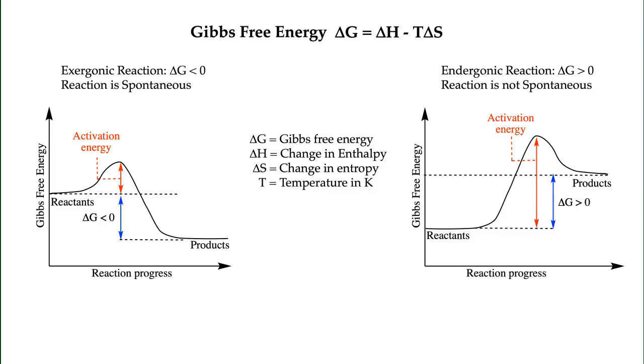Now, how to understand this disorder in the context of chemical reaction? It's complicated, but usually they try to simplify it by looking at the number of moles in the reactant and the number of moles in the product. If the number of moles in the product is increased, it means reactant molecules, by default, dissociate into smaller molecules.